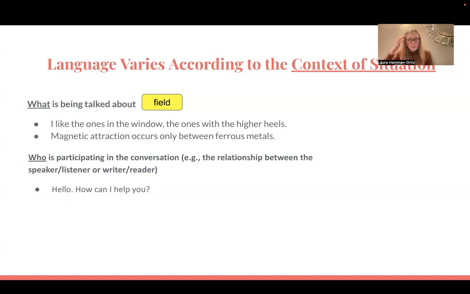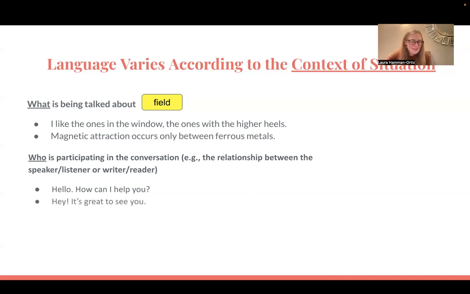It's fairly formal. They're not saying, hey, or how's it going? There's no names. It sounds like an interaction that might happen between a shopper and somebody who works at the store, or someone who's in a position where they're offering service or assistance to somebody. So we might say that these people probably don't know each other.